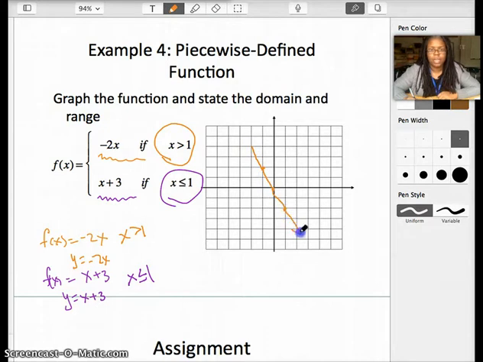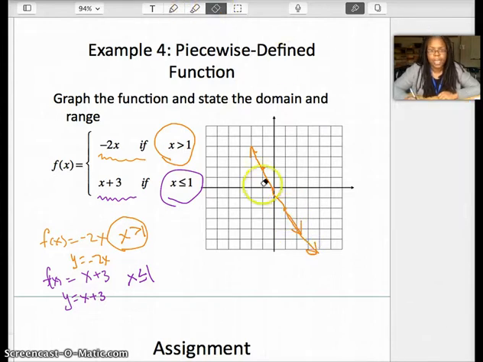But then when we go back and look a little bit further, we have this restriction. It says I only want this when x is greater than 1. Therefore, all of this part of the graph is unnecessary. We want to start this graph when x is greater than 1. So I'm literally going to go back and erase all of this.